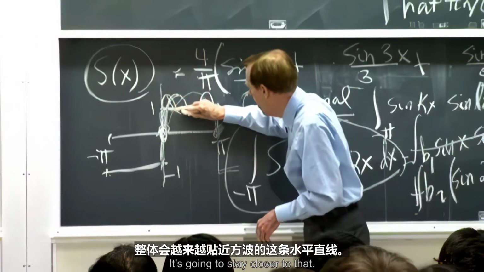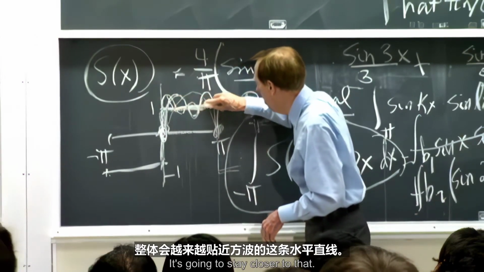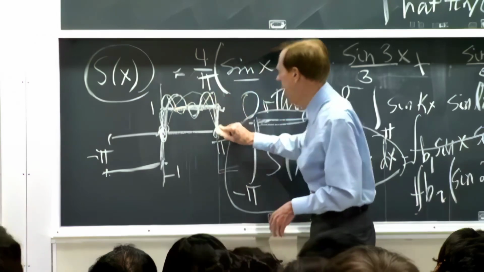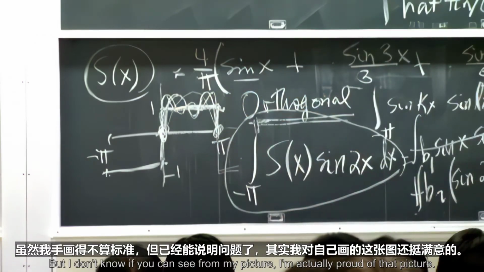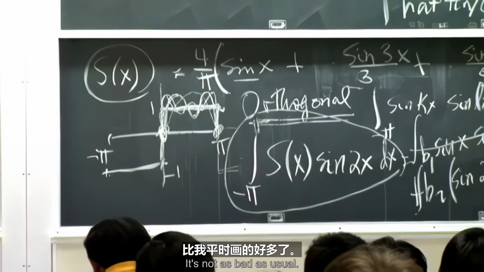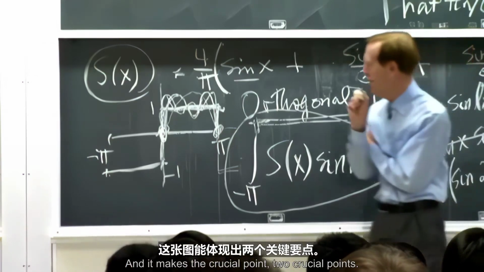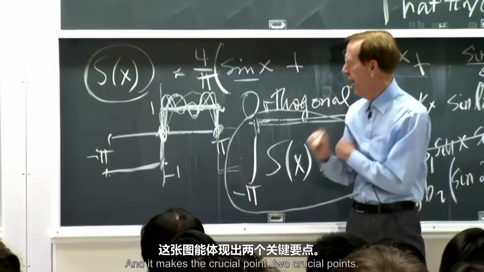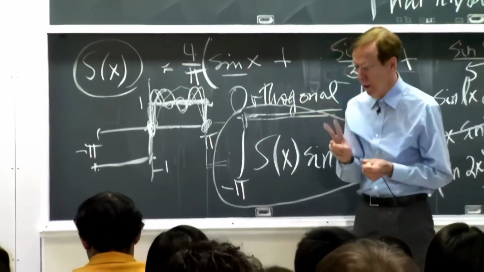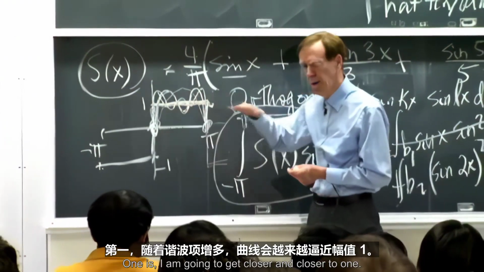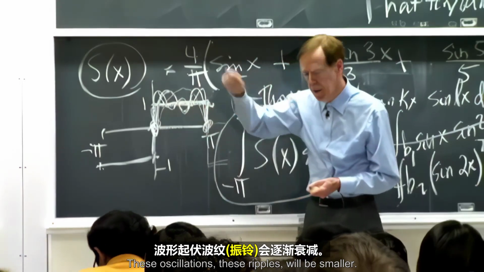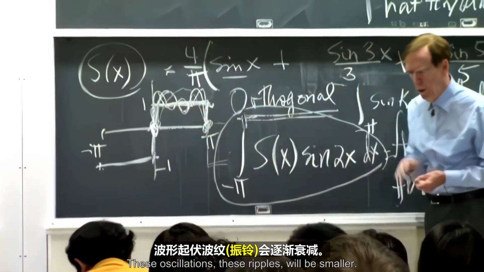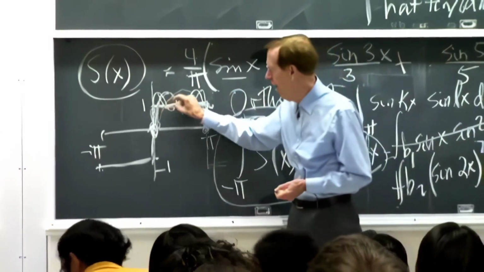It's going to stay closer to that, but I don't know if you can see from my picture. I'm actually proud of that picture. It's not as bad as usual. And it makes two crucial points. One is, I am going to get closer and closer to 1. These oscillations, these ripples, will be smaller.